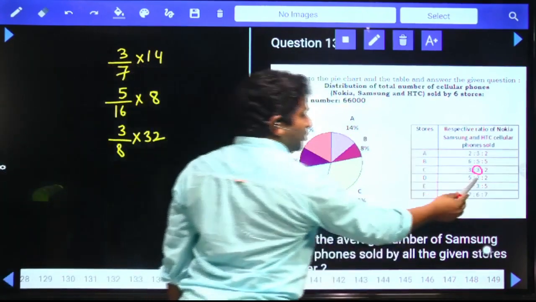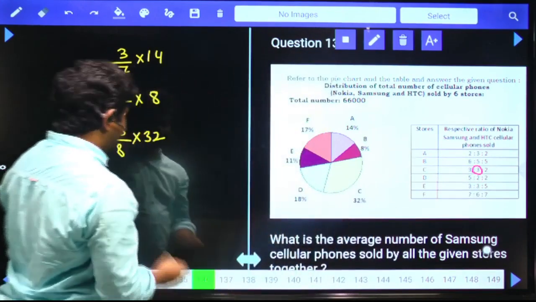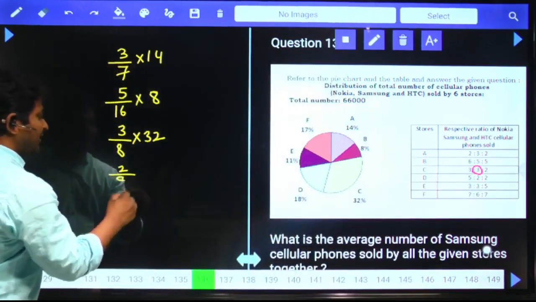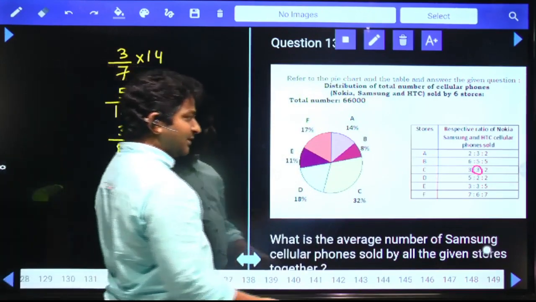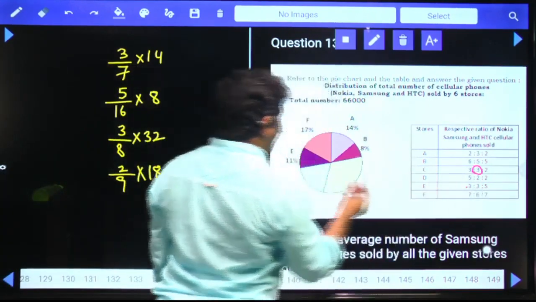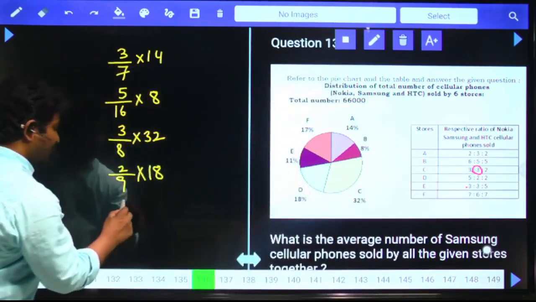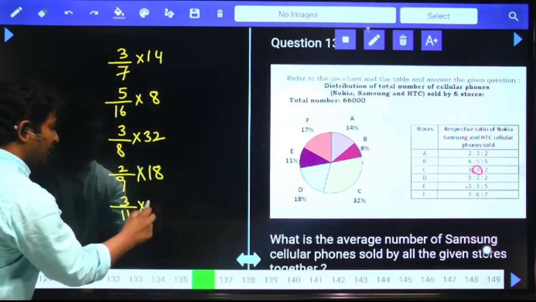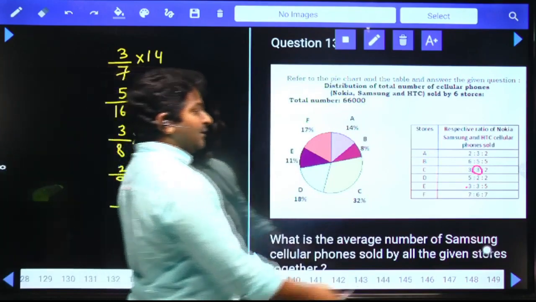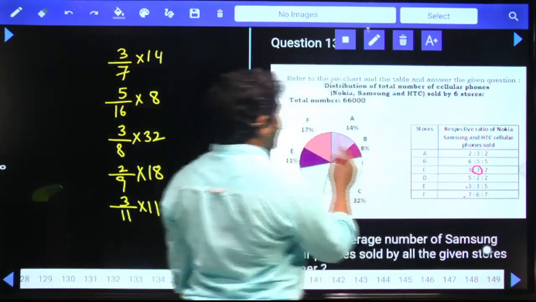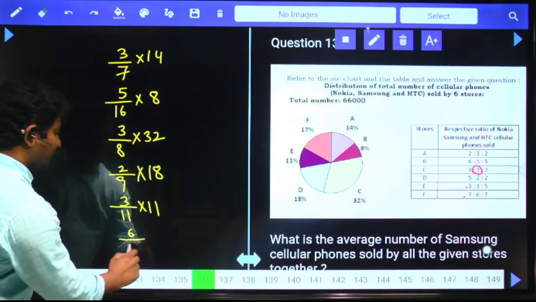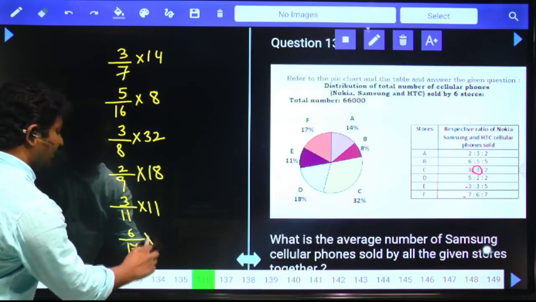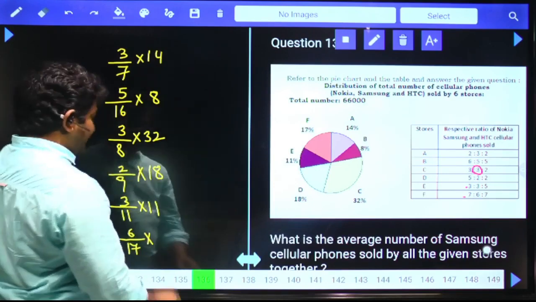Next D, 2 out of 9 among 18. Let me first write the fractions, then we'll convert into numbers later. 3 out of 11 among 11%. 6 out of 20 among 17%.